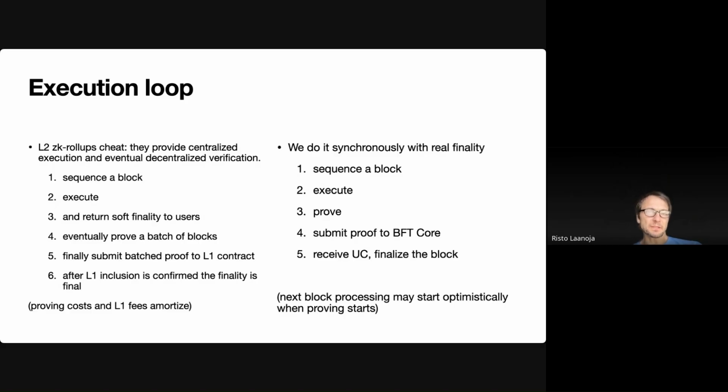They have a centralized execution because they have a single sequencer and a single ZK prover, and they return to users immediately that they have already accepted the transaction, and the user receives a soft finality signal as a receipt. And this is not, in fact, equal to the strong finality, which can be achieved only after committing to the actual layer 1 blockchain.